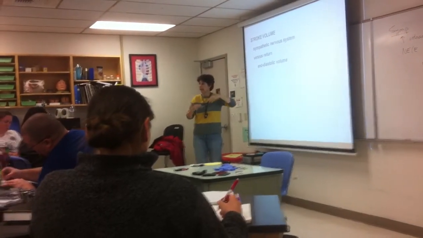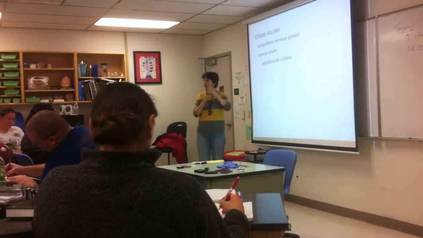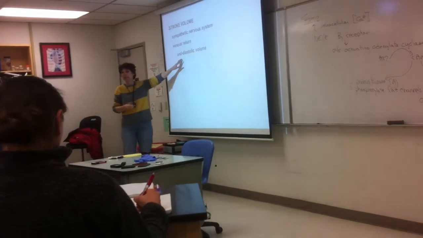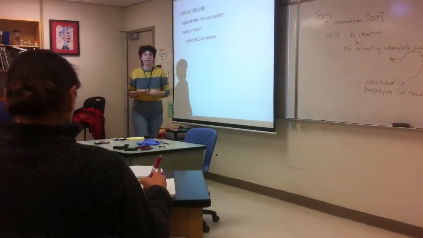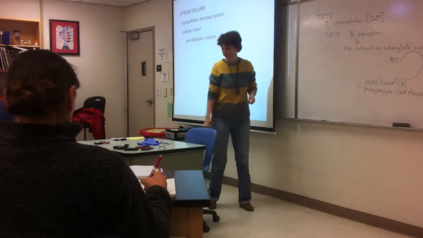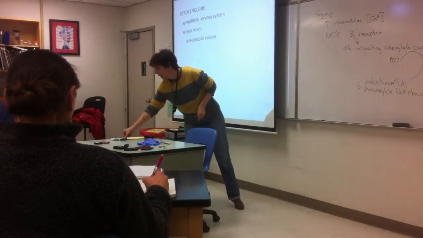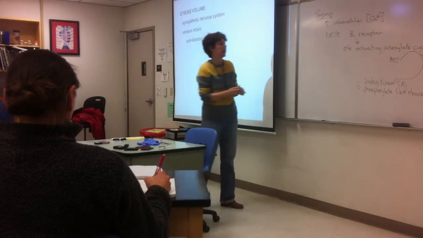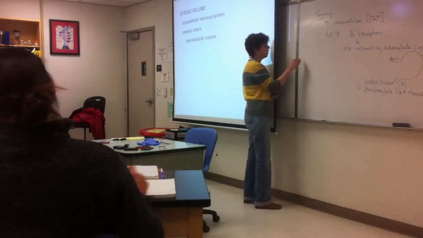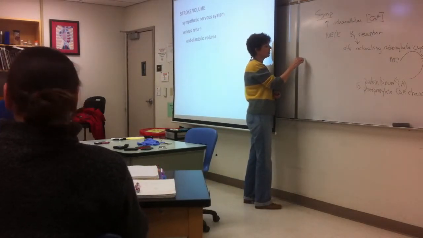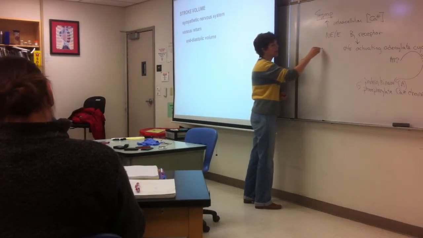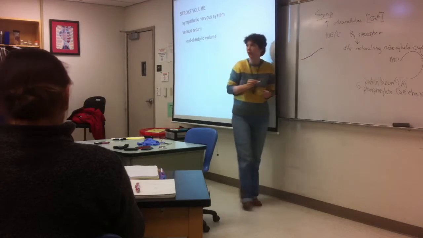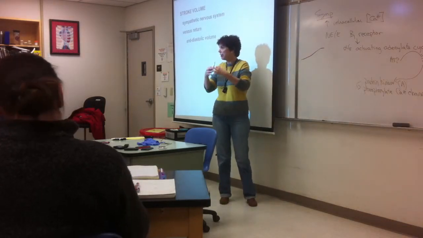So increased venous return is going to mean an increase in end-diastolic volume. Do you remember that term? When we were talking about the cardiac cycle, down at the bottom of the diagram, we saw that we gradually increased ventricular volume until we reached end-diastolic volume when we were in isovolumetric, both valves closed.